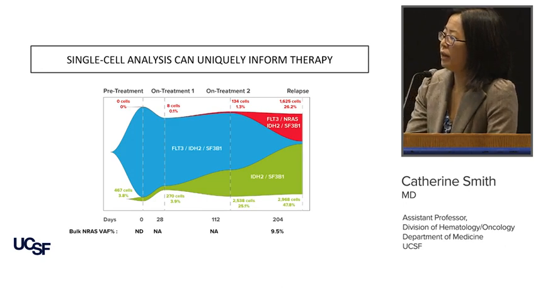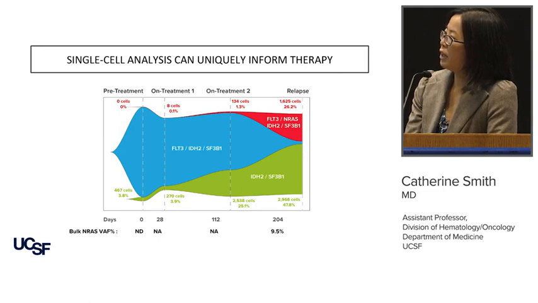And this is shown very nicely here in this fish plot where we actually see evolution of the cellular populations during the course of drug treatment over time. So as you can see here, we start out with a very large IDH2, FLT3, SF3B1 drug-sensitive population that goes away on drug treatment. There's a smaller population of cells that probably represents the ancestral clone that is non-FLT3 driven, that's also clearly selected for on the course of drug treatment.